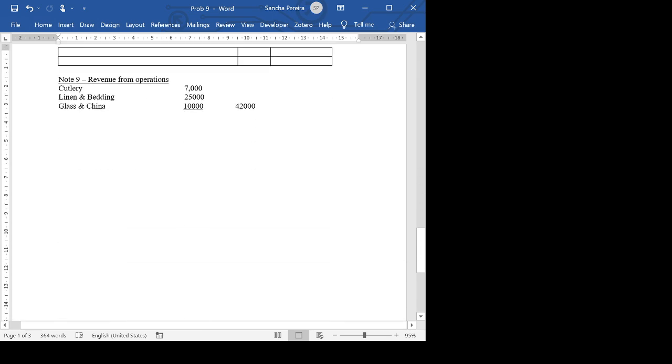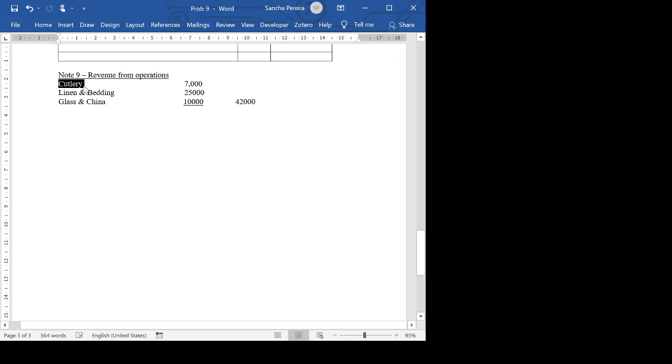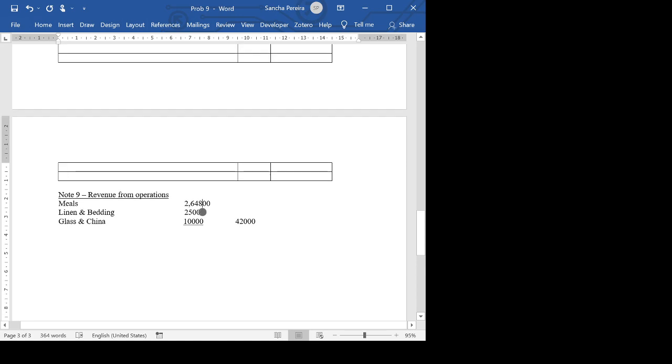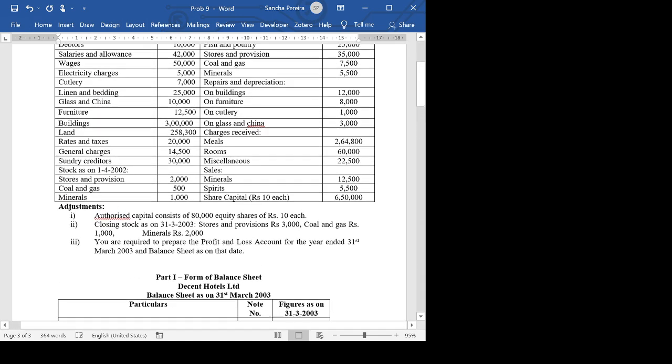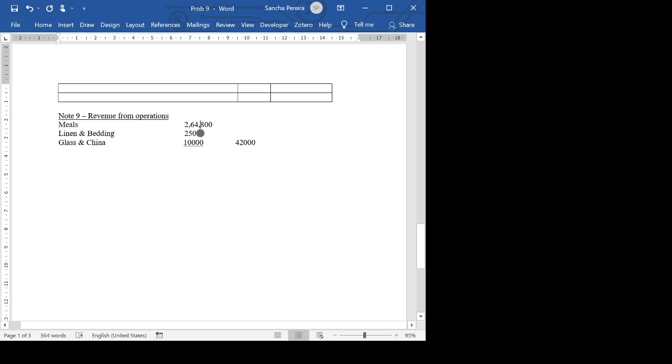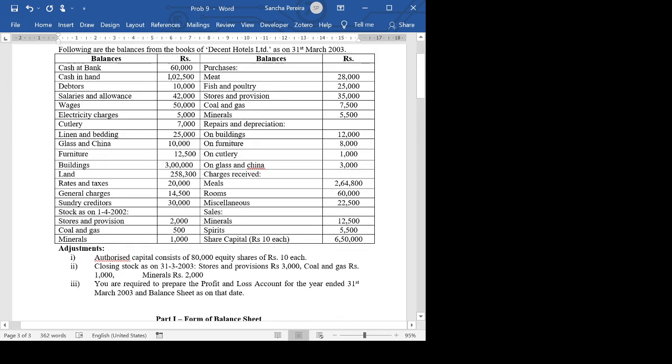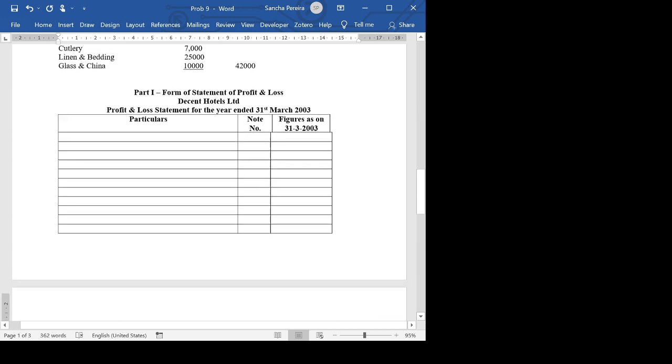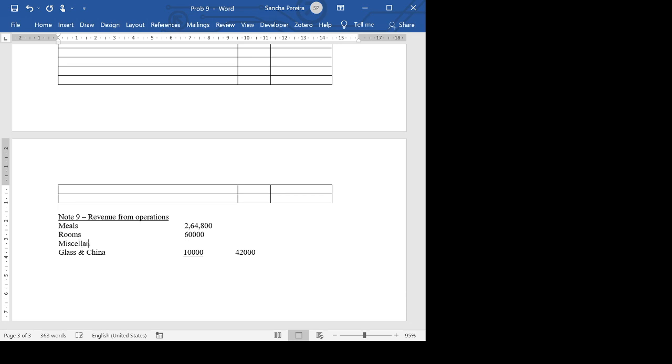Then we have rooms 60,000. Then there is miscellaneous 22,500.